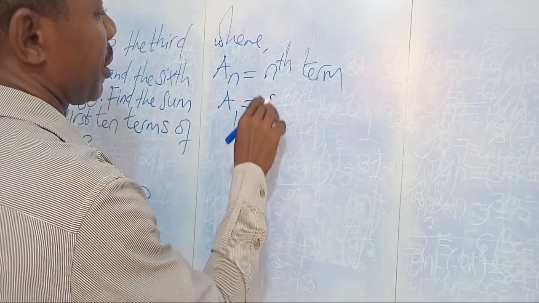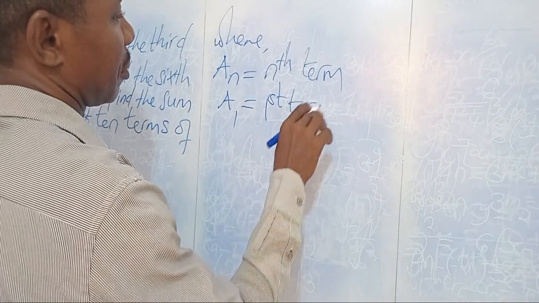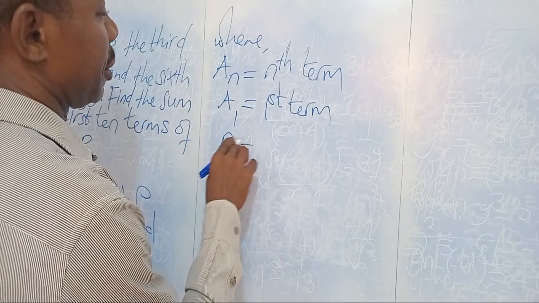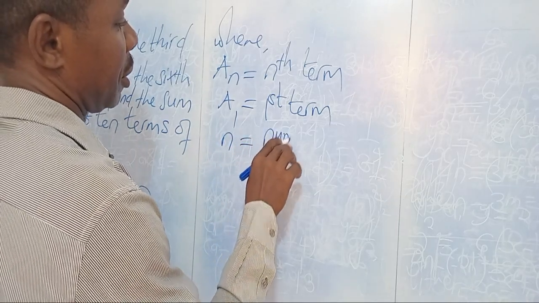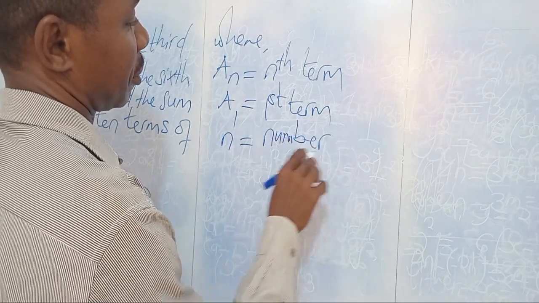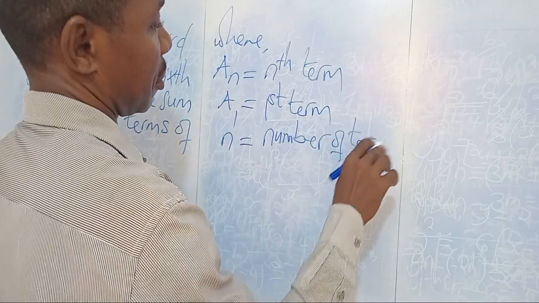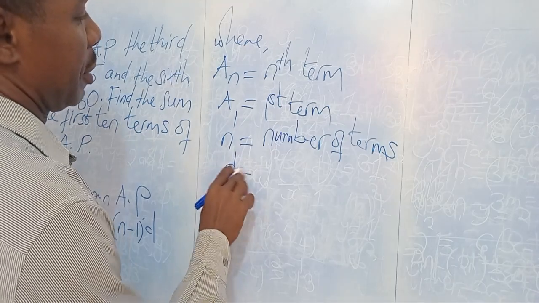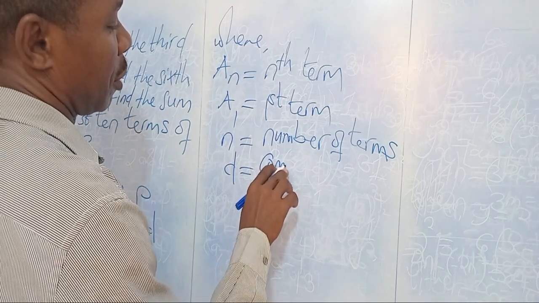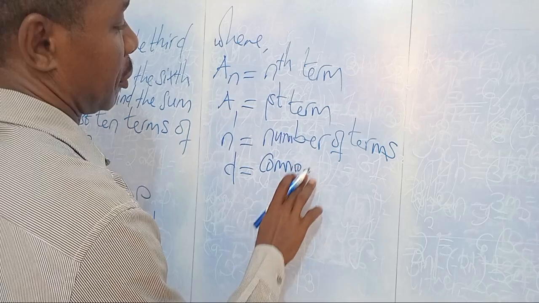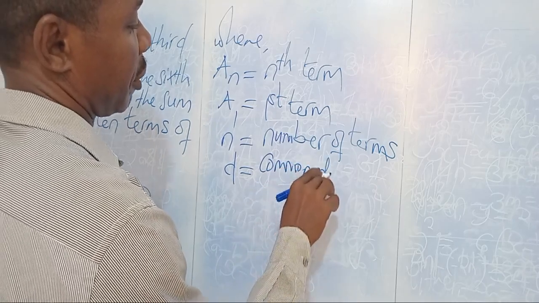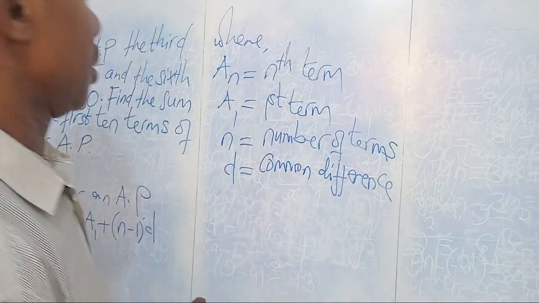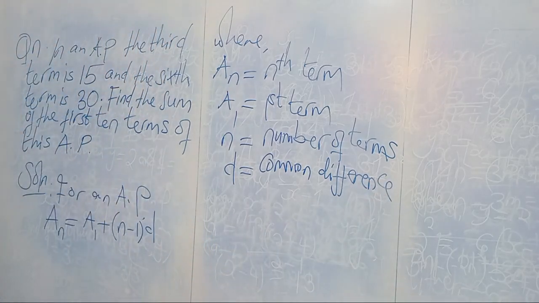A1 is the first term of an AP. n is equal to the number of terms in the series, and d is what we call the common difference. That is our d. These are the terms.